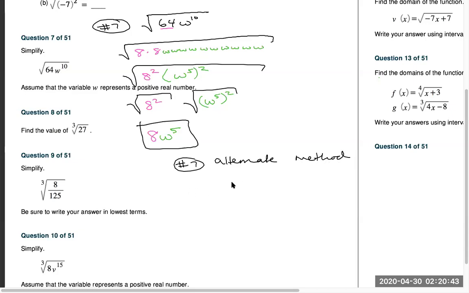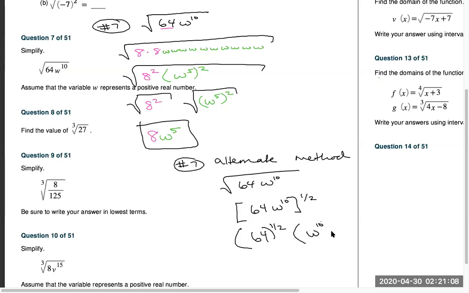You could have said, okay, I have 64 w to the 10th. That's going to be the same as 64 w to the 10th to the 1/2 power. If you've forgotten your exponential rules, review those, please. You're going to have 64 to the 1/2 power, and you're going to have w to the 10th to the 1/2 power.